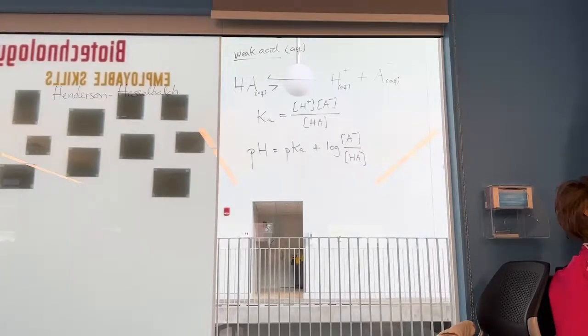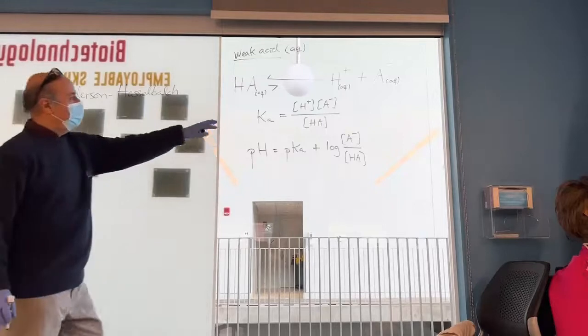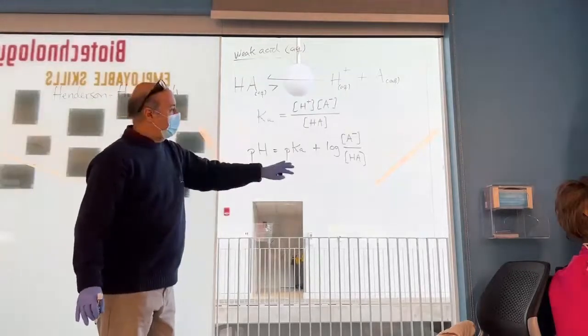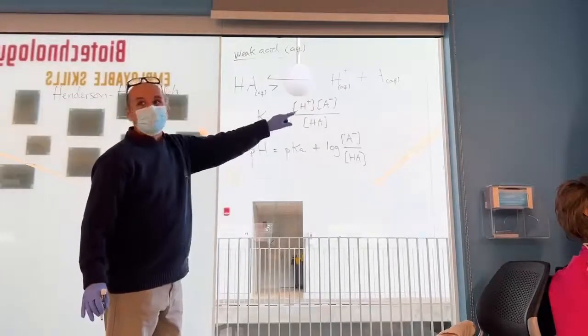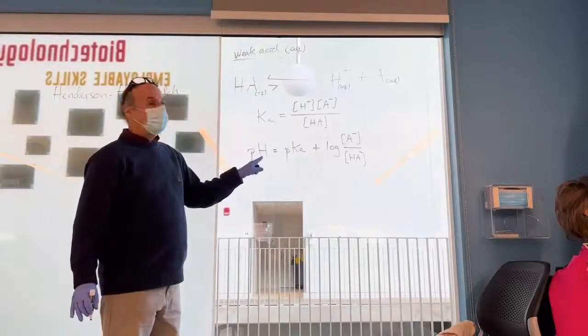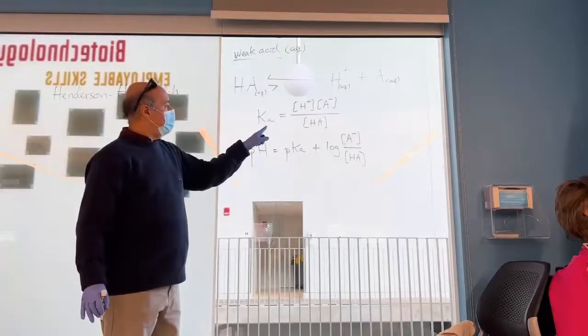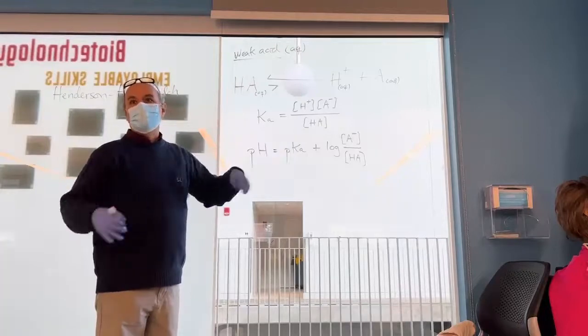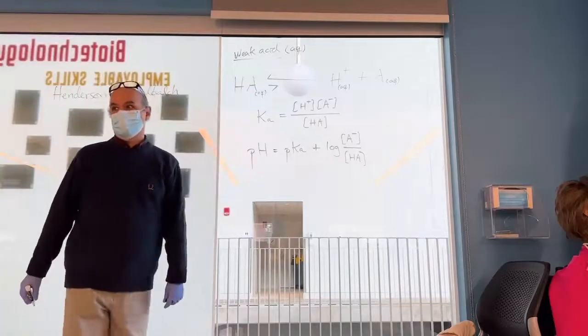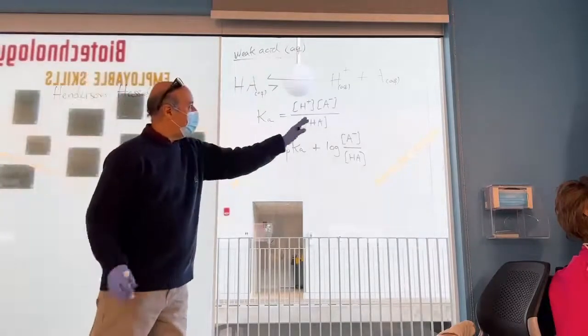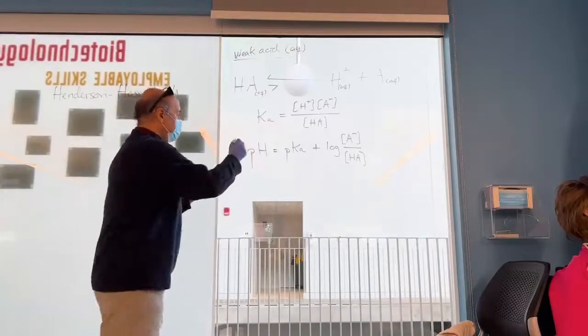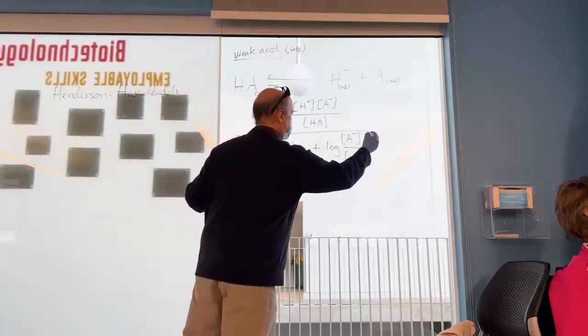So this is nothing but a manipulation of this equation. Where is the H plus? Right there. Where is the Ka? Right there. We just basically introduce logarithms. So if we take the log of all of these and rearrange it, we end up with this. This equation is paramount in this course.